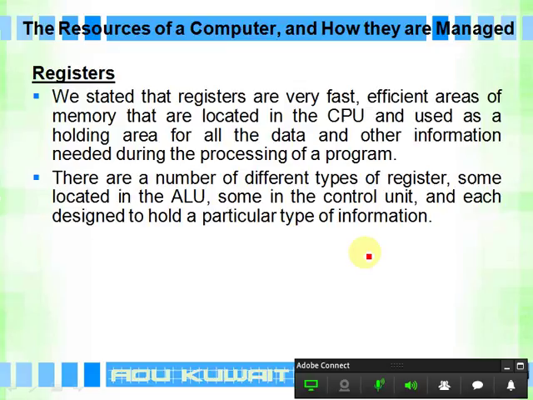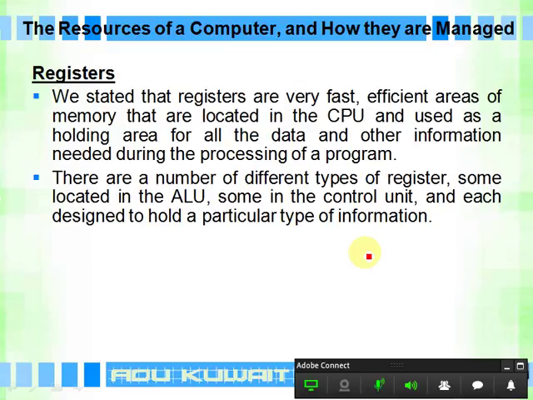Then we have the register. Registers are very fast, efficient areas of memory that are located in the CPU and used as the holding area for data and other information needed during the processing of a program. Registers are small memories inside the CPU.